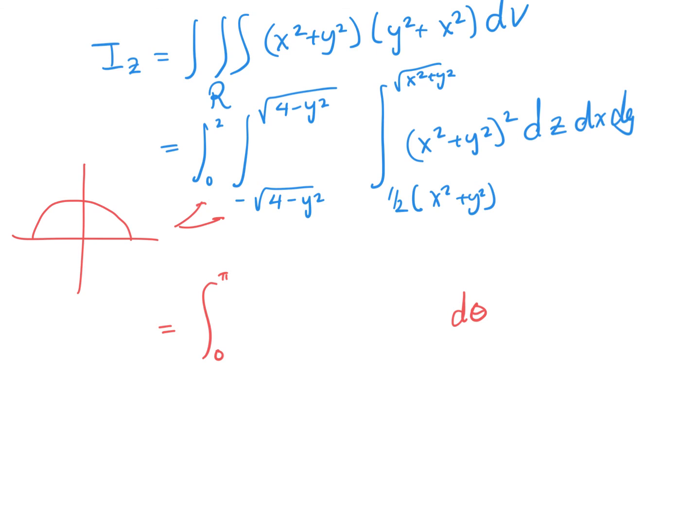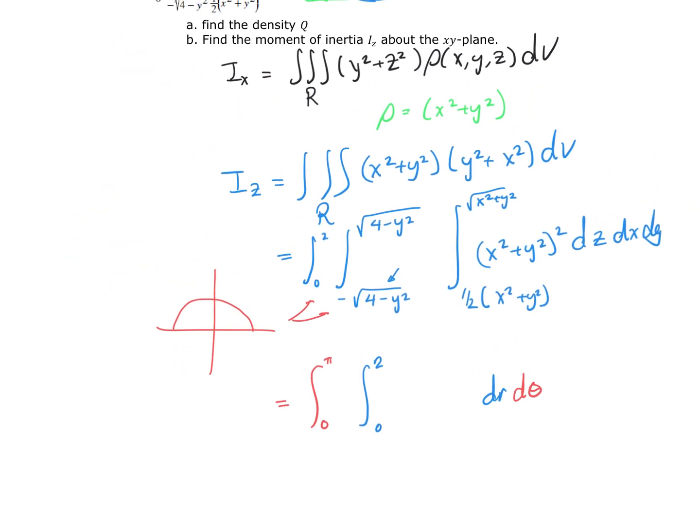Well, that makes that a little bit easier. Now I'm going to figure out my r. Well, the circle is based on this equation right here, my r is going to go from 0 to 2. So that's my dr. Now I just have to figure out what z is doing, because remember it's r, theta, and z.